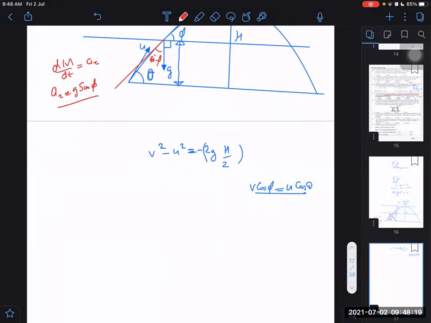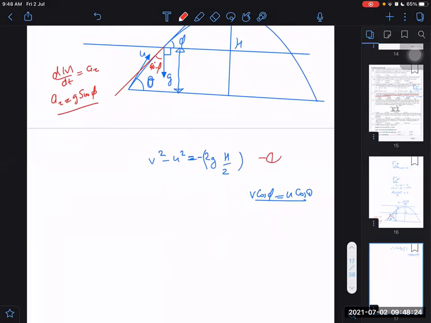To obtain sin phi, I have two equations to be used here, 1 and 2. I can write v square cos square phi is equal to u square cos square theta.